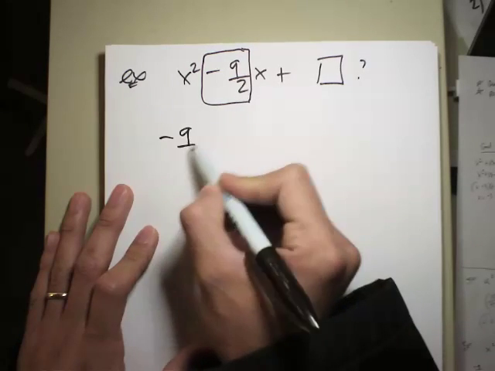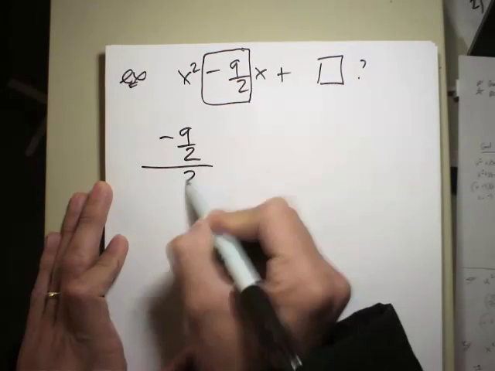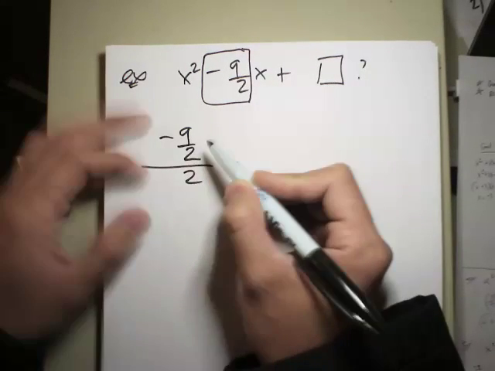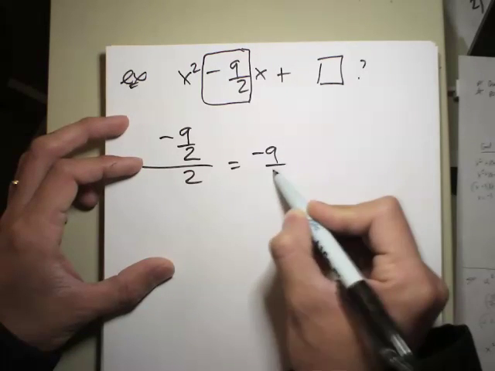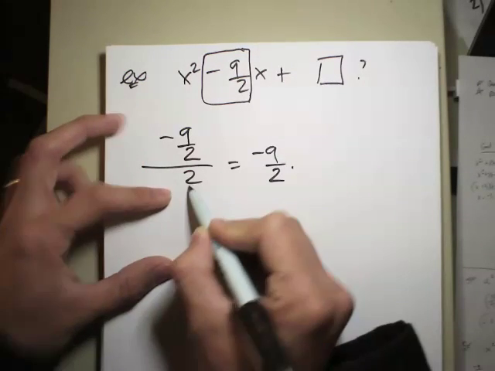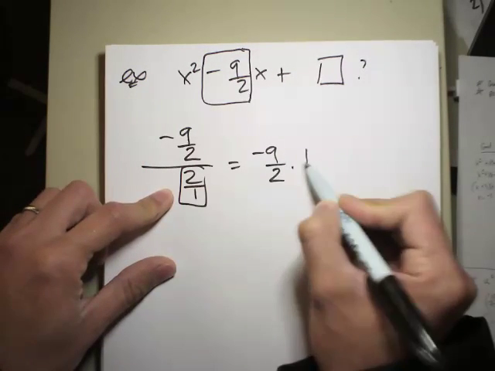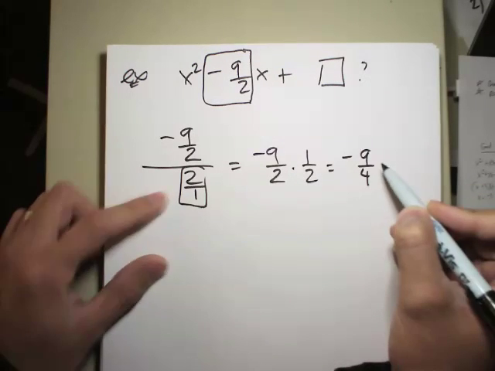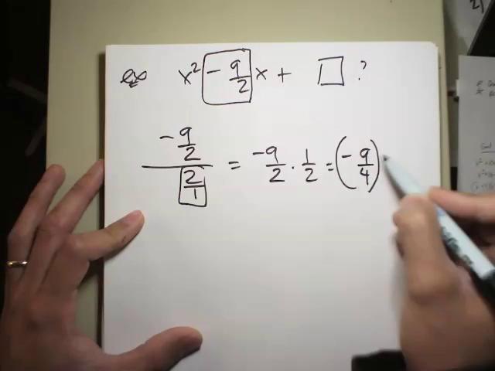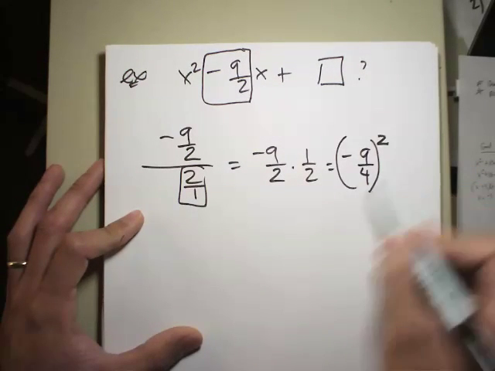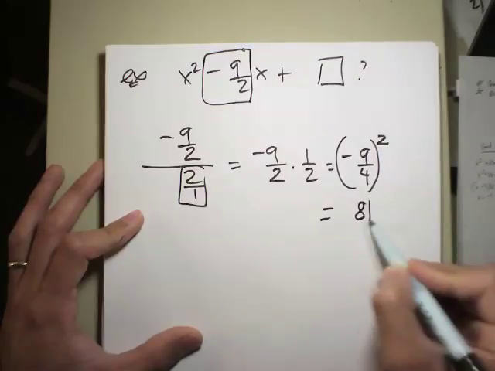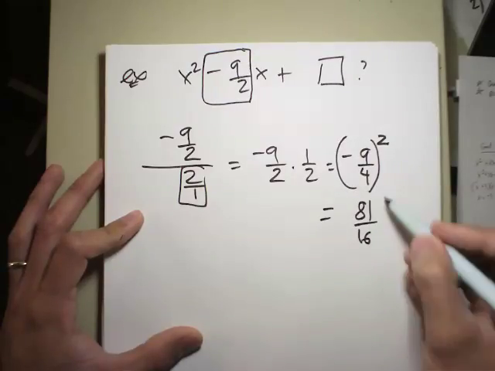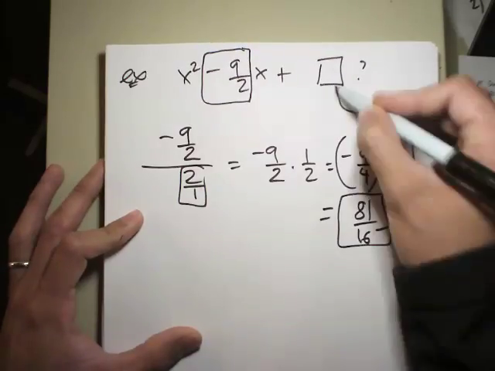Take the coefficient from the middle, divide it by 2. Now we know when we divide by 2, involving a fraction, we have to multiply by the reciprocal, right? So it's simply going to become 1/2 times negative 9/2, which becomes negative 9/4. And then our last step would be to undo the square root, meaning you have to square it, which now becomes 81 over 16. And that is what will go into this box.